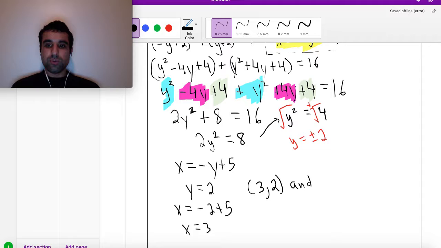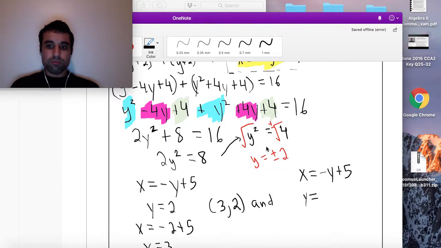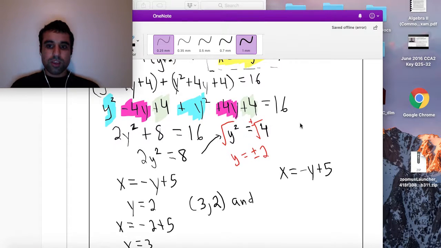Now if I use y equals negative 2 and x equals negative y plus 5, I have to be a little careful. If y is negative 2, I'll put that over here so that I could just write the solution there. Then x is equal to the opposite, the negative of negative 2, plus 5.